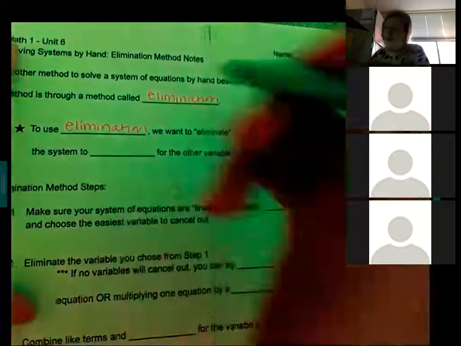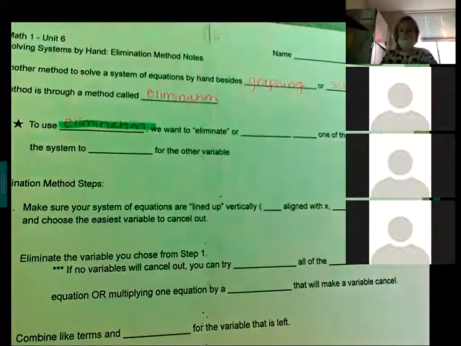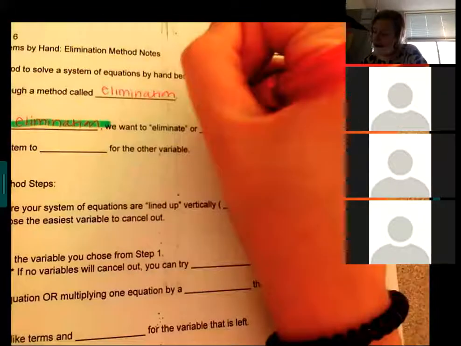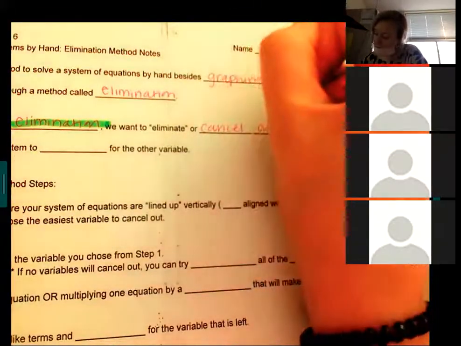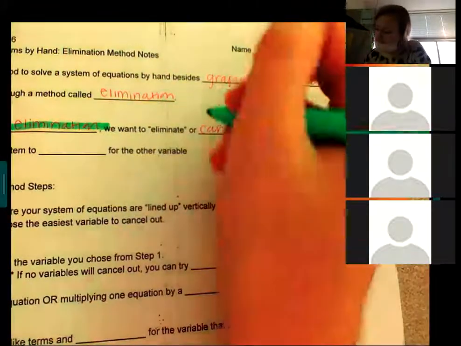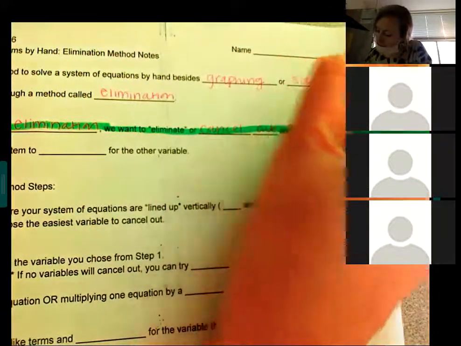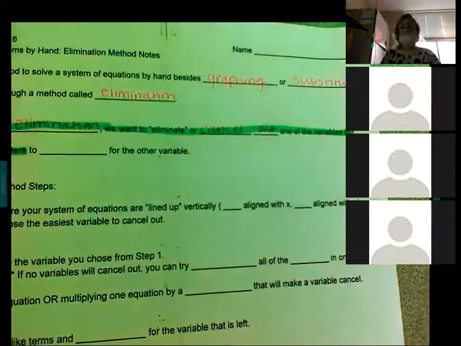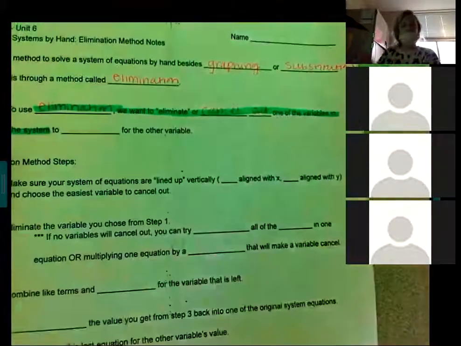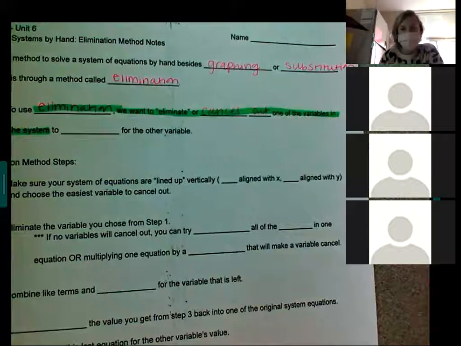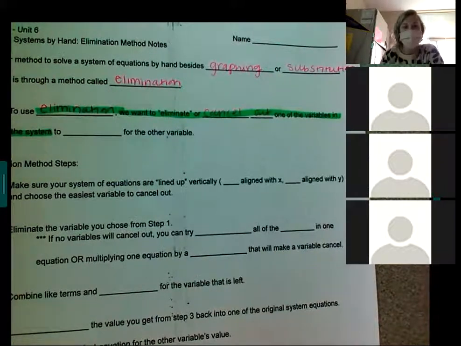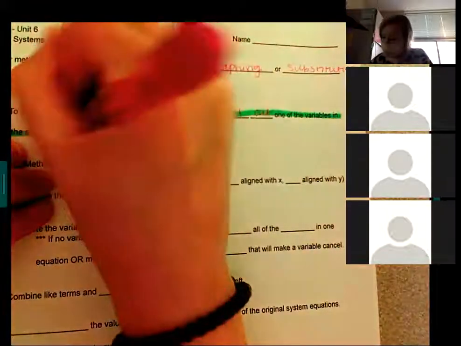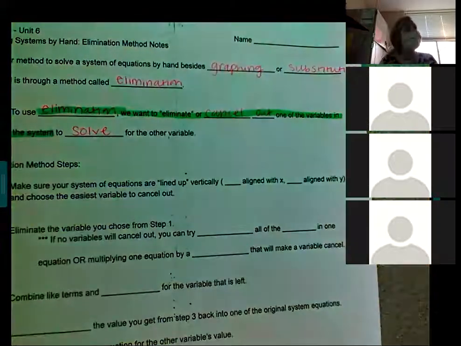Elimination: we want to eliminate or cancel out one of the variables in the system. Elimination literally sounds like eliminate. You're going to try to cancel out one of the variables, so that's going to help you solve for the other variable.